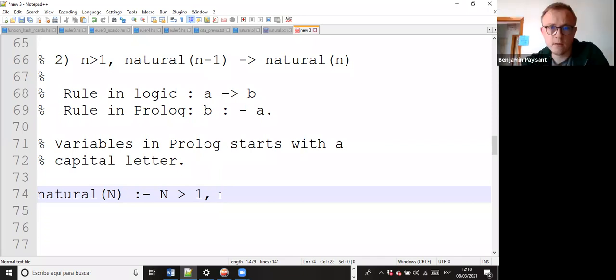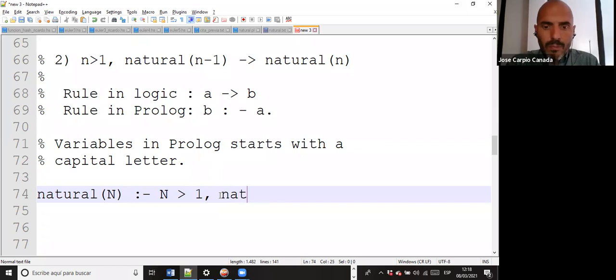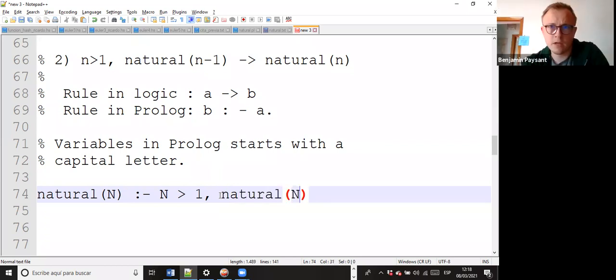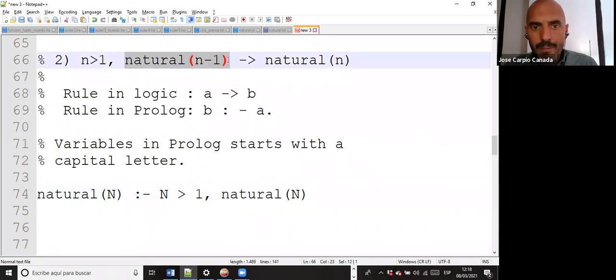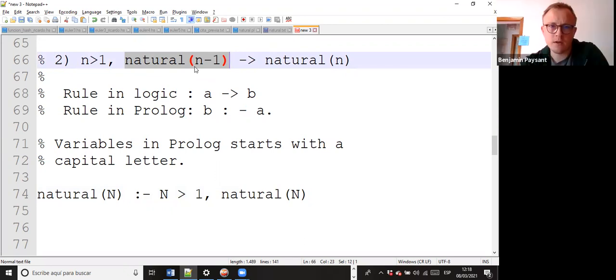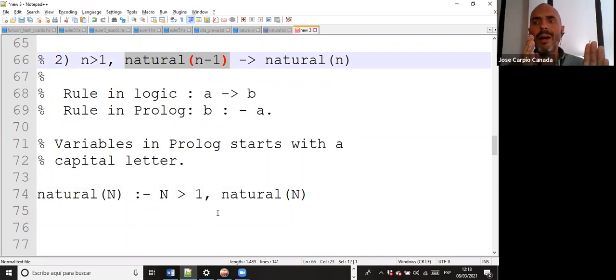Natural N. Natural N. No, because I don't know, but you said that in Prolog it's inverted. So yes, we have to change the order.